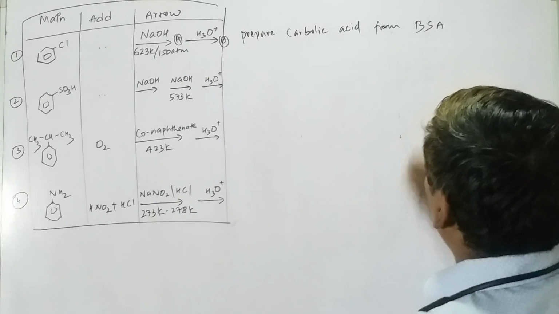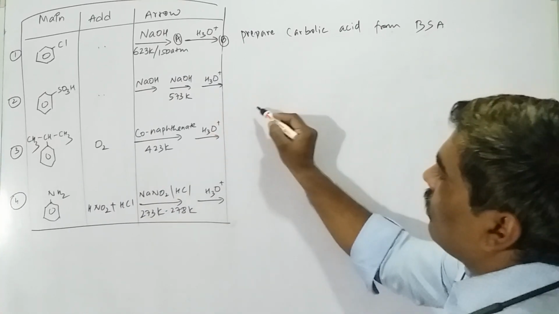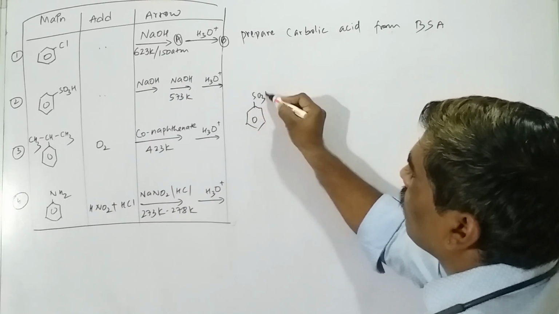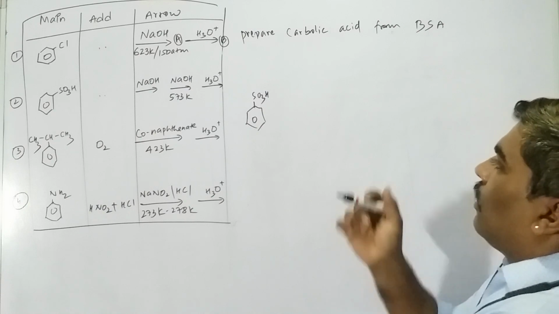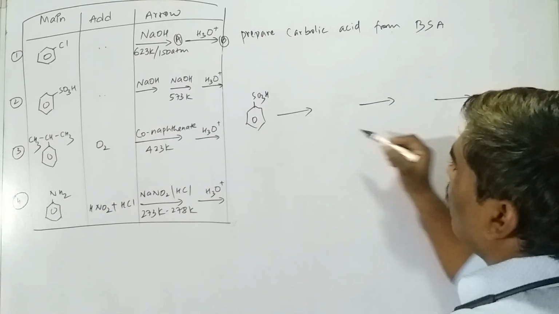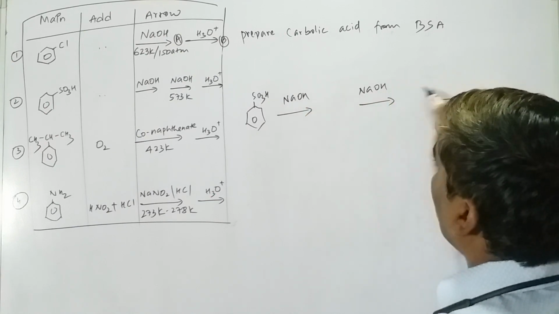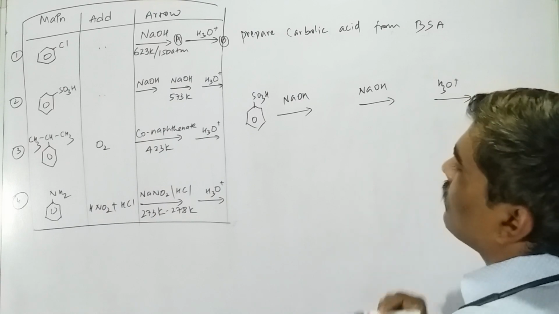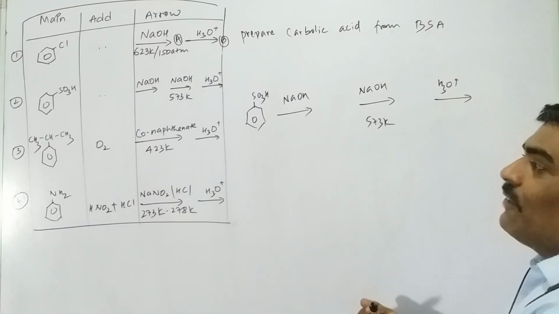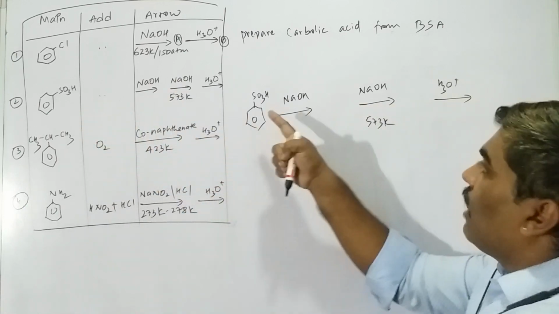Just see in that formula, the three steps are given. Here we have sodium hydroxide, here also sodium hydroxide, here is H3O plus, and this is 573 Kelvin.